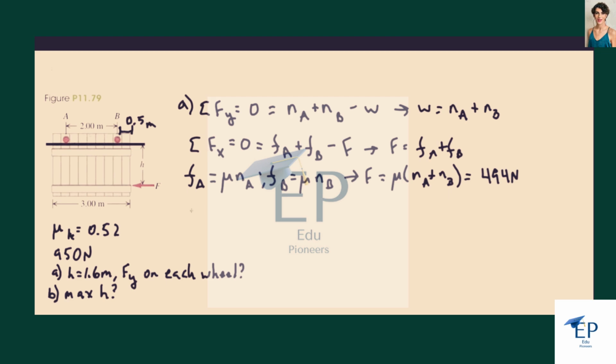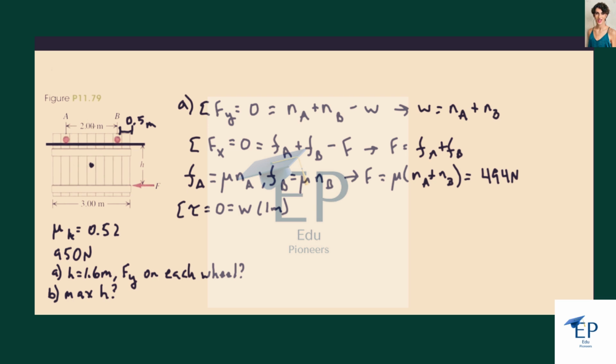So torques having to add up to 0 gives us the weight times 1 meter, because the weight acts at the center of mass. It's directly between these two.